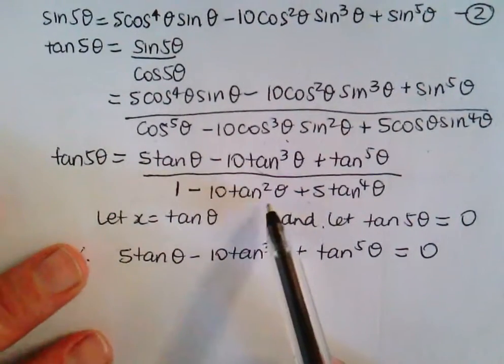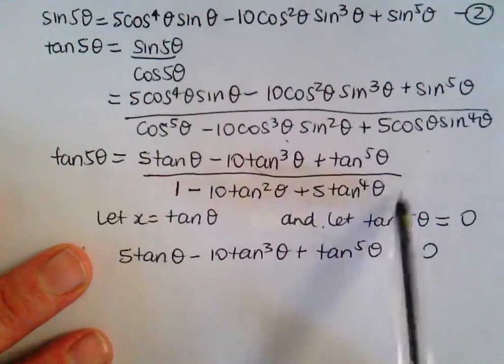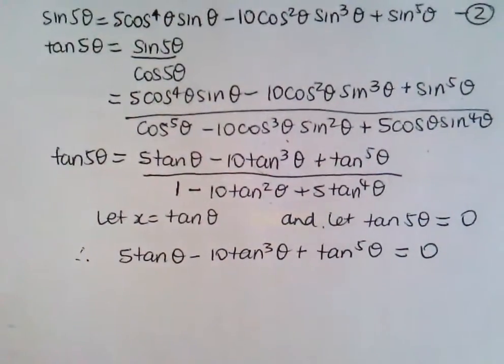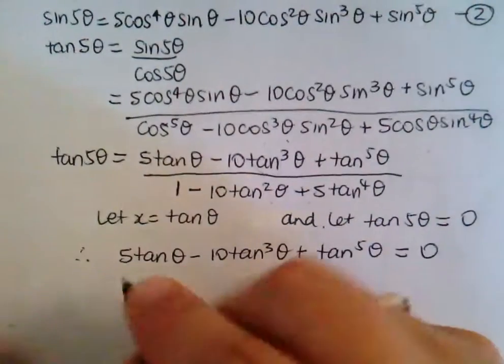Because the denominator here is not allowed to equal 0. Alright? I can't say that that is 1. We've got a common factor of tan theta. Now, I haven't actually substituted my x is tan theta. So I'll do it now.